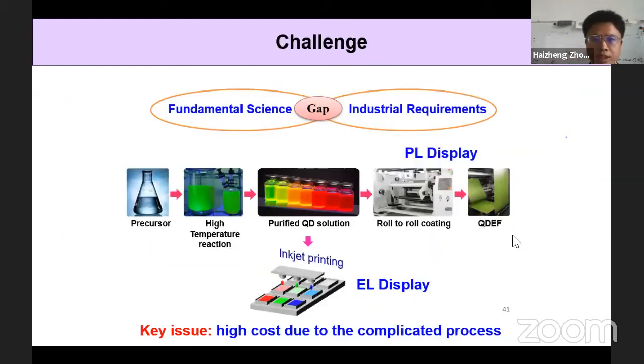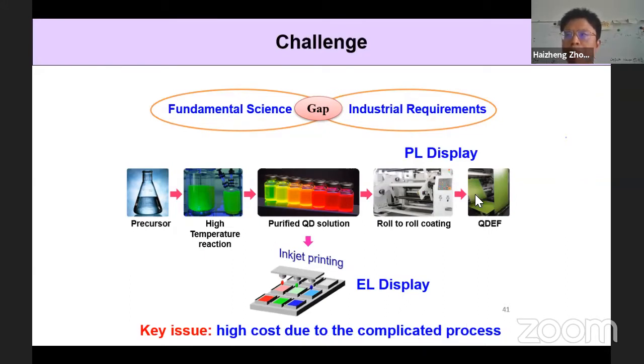So although great success has been made in the past few years, there is still a gap between the fundamental science and the industrial requirements. The key point is that the fabrication of QD for display application goes through very long processes. The key issue is the high cost due to the complicated processes.